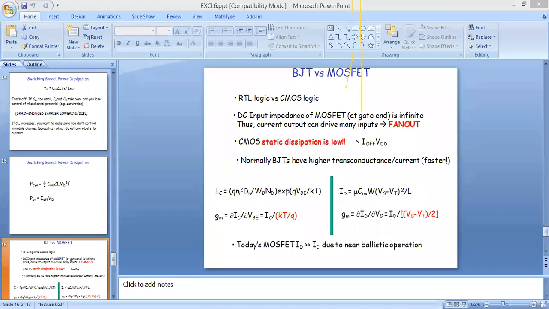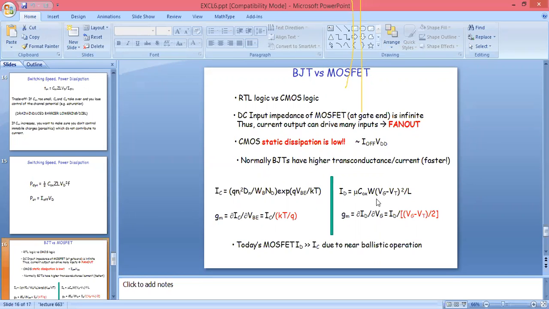Yes, ma'am. Okay. If you compare BJT with MOSFET, then you can see its input impedance is infinite. It means its input impedance is higher as compared to the BJT. And MOSFET is a unipolar device, but BJT is a bipolar device. In a BJT, current will flow because of both majority as well as minority carriers, because BJT is bipolar, but in a MOSFET current will flow just because of the majority carrier.